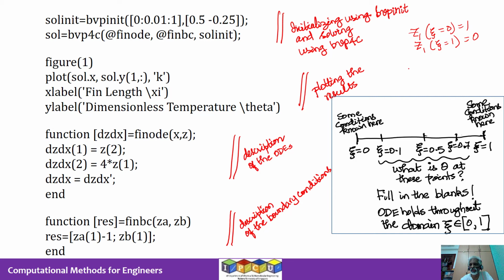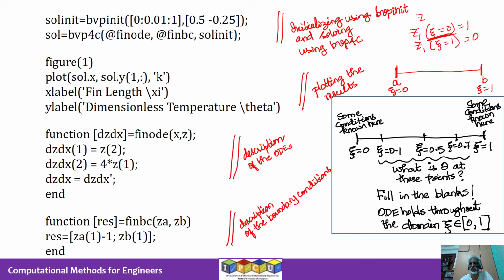So please remember, the left boundary is labeled as A and the right boundary is labeled as B in Matlab. So A corresponds to psi equal to 0, B corresponds to psi equal to 1. When you're talking about psi equal to 0, we are talking about A. So Z of 1 at A, right?